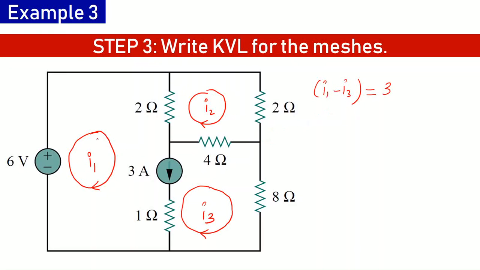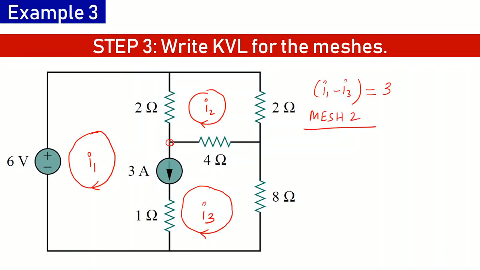Here we see that for mesh 1 we cannot write a KVL equation because there is no way to directly calculate the potential difference across the 3 ampere source. Similarly, for mesh 3 we cannot write an equation because we cannot directly calculate the potential difference across this 3 ampere source. So first let us write the KVL equation for mesh 2.